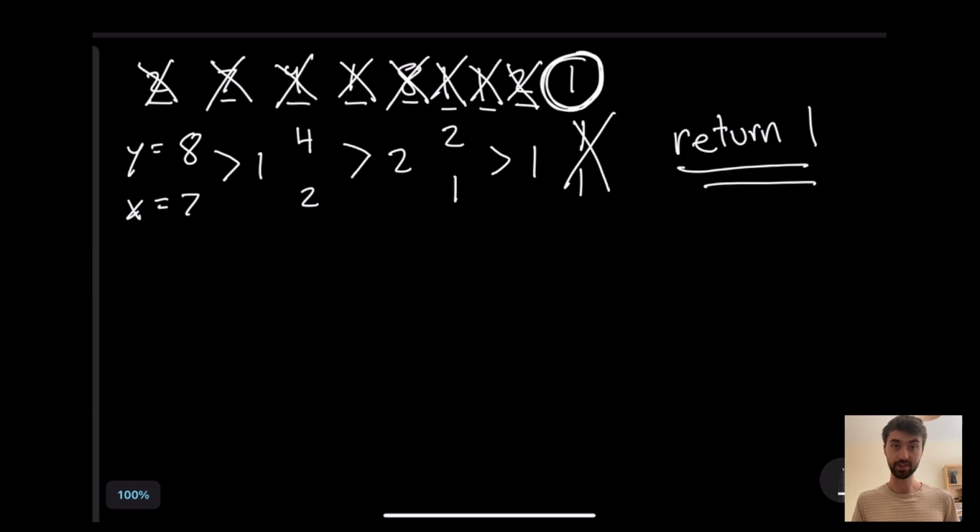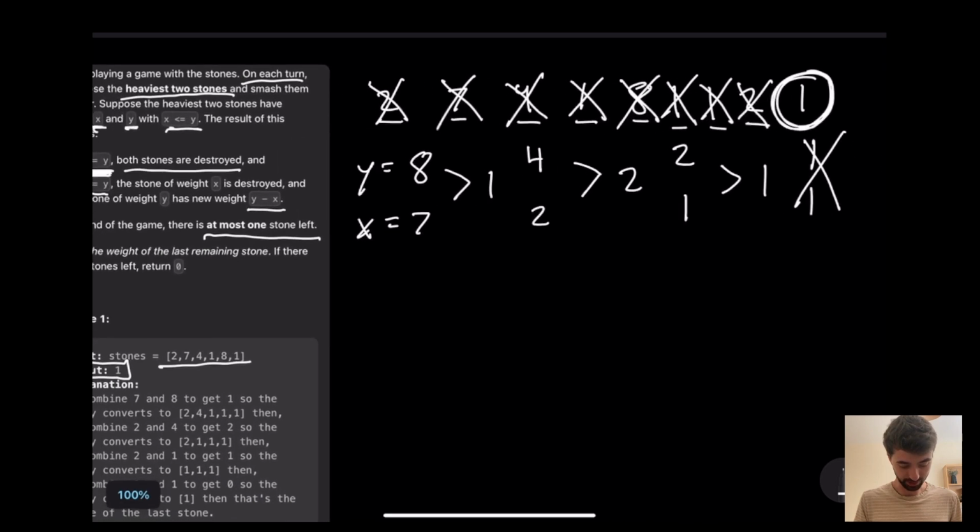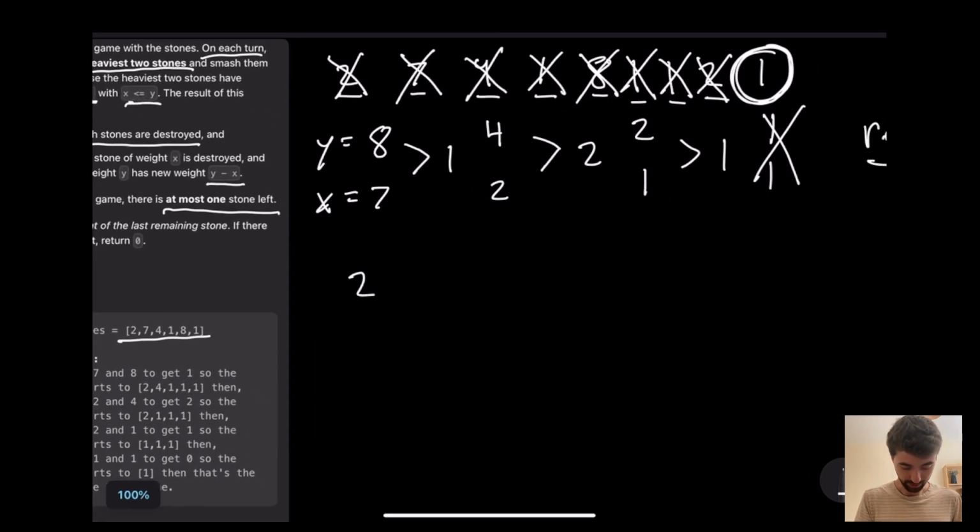In this case, I think we want to use a heap to keep track of the largest values at all times. Because if we think about it, and again, watch my last video for a more thorough explanation of what the heap data structure allows us to do. But basically, if we think about our problem again from the start, where we have 2, 7, 4, 1, 8, 1.